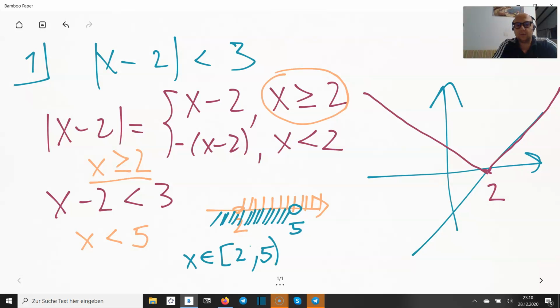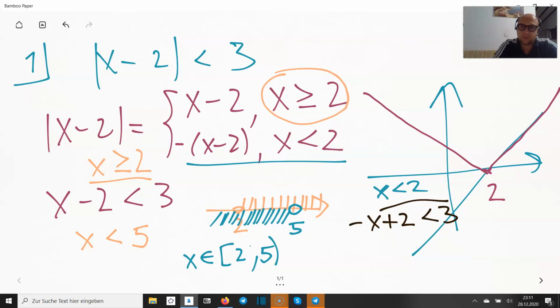Okay, what about the second case? We're considering this one, once again, under the permission x is less than 2. What is the approach? We have minus x plus 2 is less than 3. Now we bring x to the right-hand side and 3 to the left-hand side. So basically we have 2 minus 3, which is minus 1, less than x.